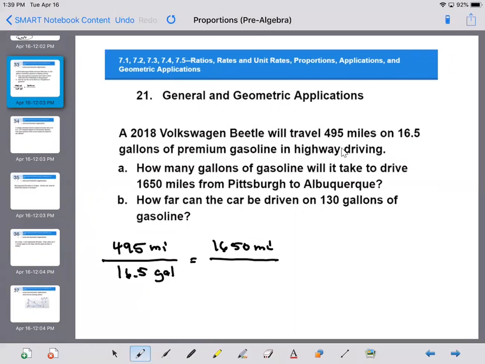The cross products would be 495 times X, and 1,650 multiplied by 16 and a half is going to be 27,225. If we divide that by 495, we're going to get X equals 55, which would mean how many gallons of gas it would take to drive that long.